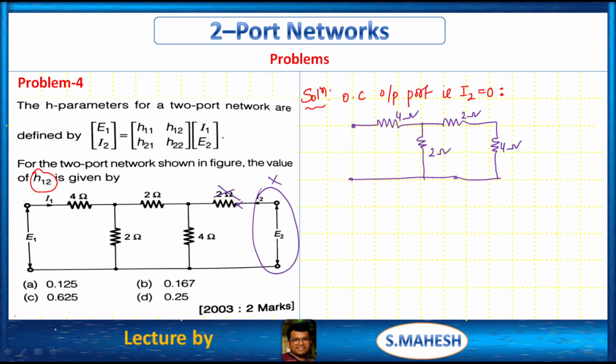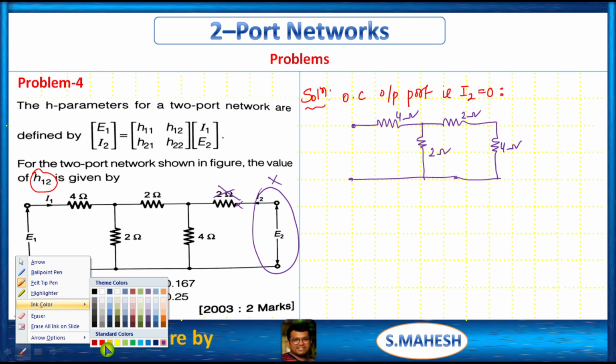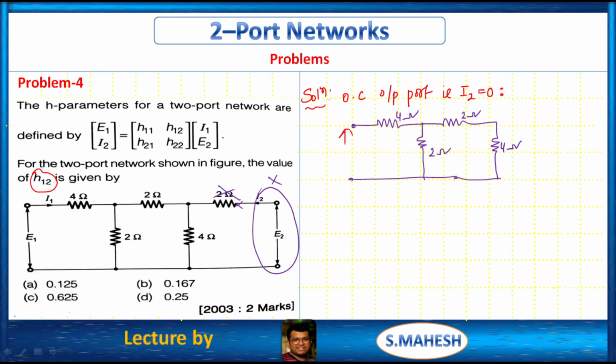Then only the supply voltage V1 is there, and due to that we have I1. The current through this branch is I dash, through this I double dash. Simply, you have to consider only one current.